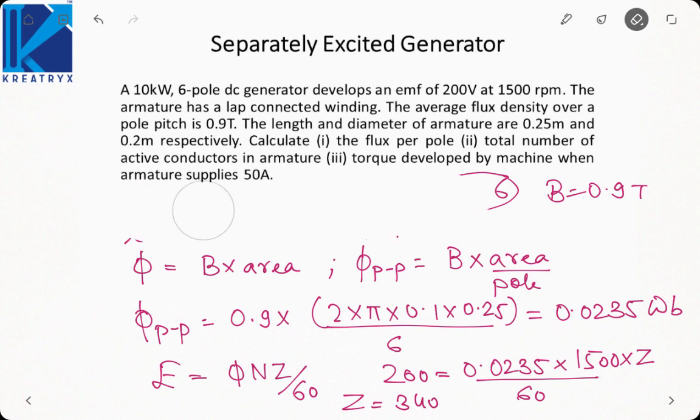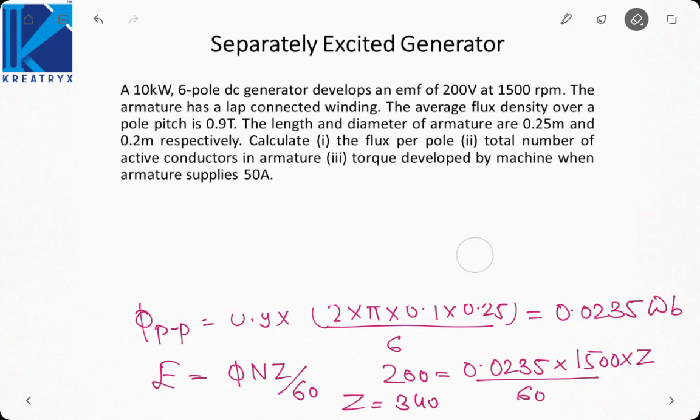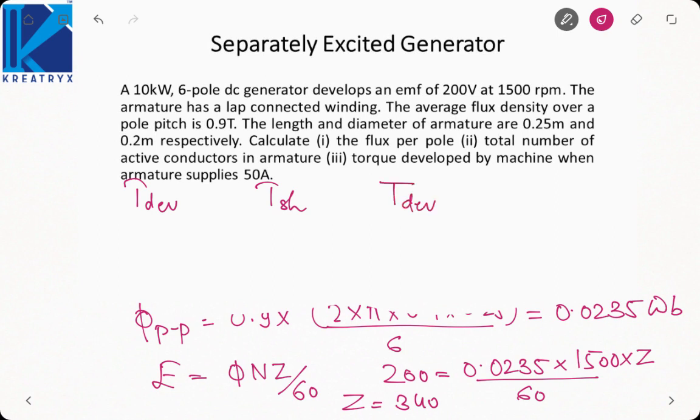Next, it is asking us about the developed torque. Whenever we talk about an electrical machine, there are two types of torque: developed torque and shaft torque. The difference between these two is basically lost torque. Lost torque corresponds to the friction and windage losses that occur in any kind of rotating machine.